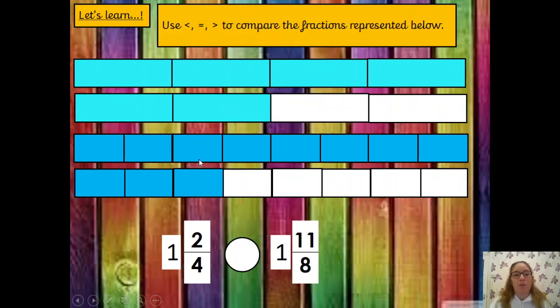So I've got my 1 whole here, which is represented here, and then 3/8. I could say 11/8, but I can't say the 1 as well. It's either the 1 or the 11. When we look at mixed numbers, the numerator has to be smaller, it has to be a proper fraction again. So that is larger than 1 3/8 or 11/8.